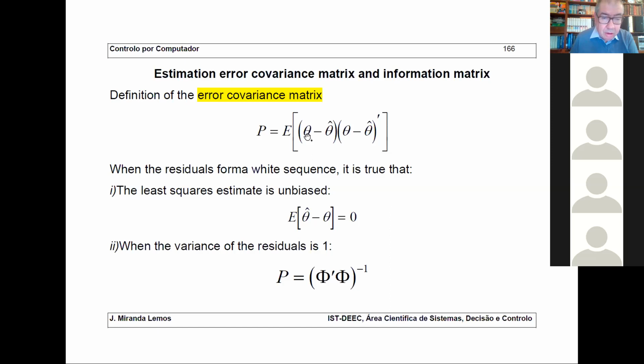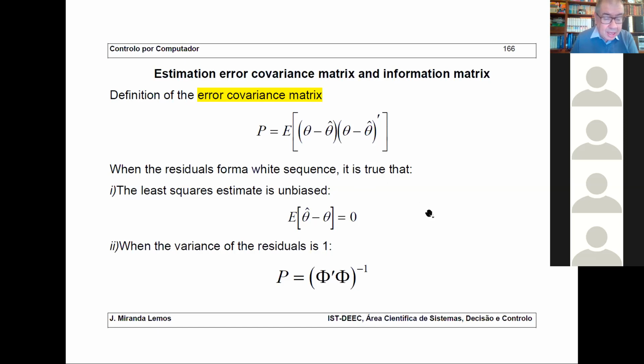This is the true value of parameters theta, and this is the estimated. I put a hat to say it's the estimate. So this is the error, the deviation between the estimate and the true value for theta. And this is a column vector. So this is a matrix. This is not a scalar. A scalar would be if I placed the transpose here.